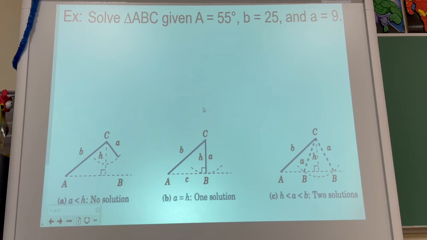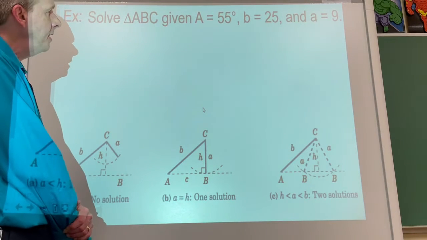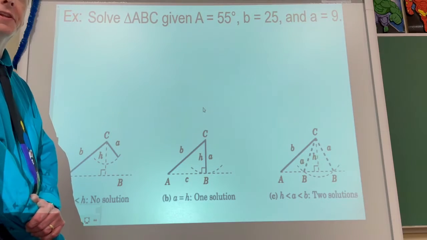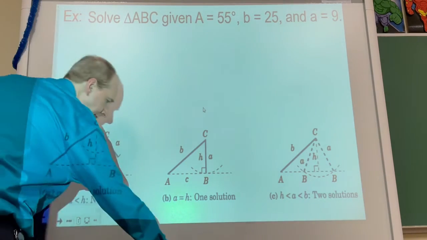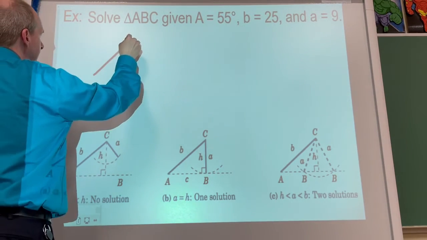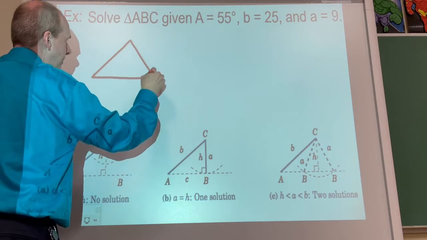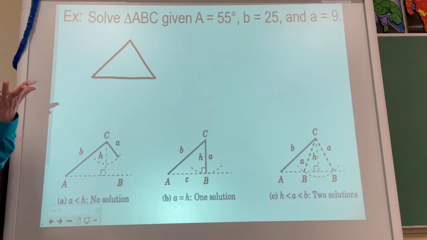So let's see if we can make a little sense out of this. Solve triangle ABC. Given angle A is 55 degrees. Side B is 25, side A is 9. Well, the first thing I do is I draw myself a triangle. And it's probably not going to be totally accurate, and that's okay.